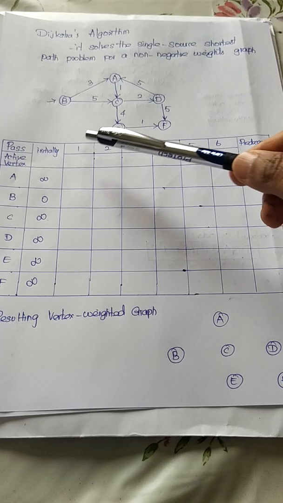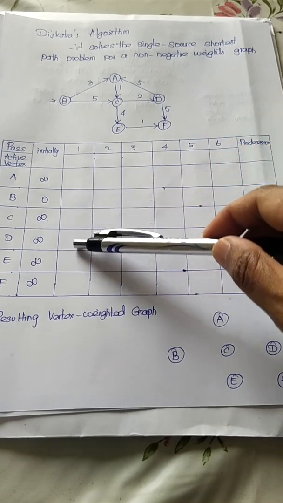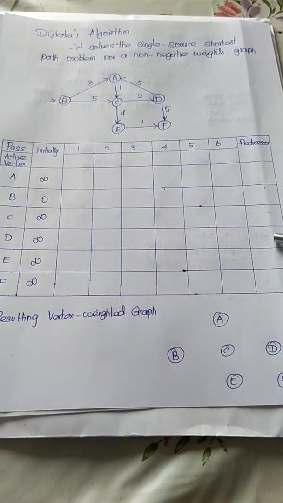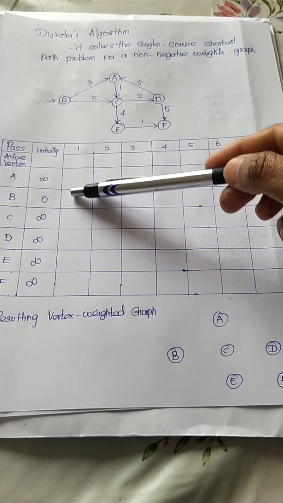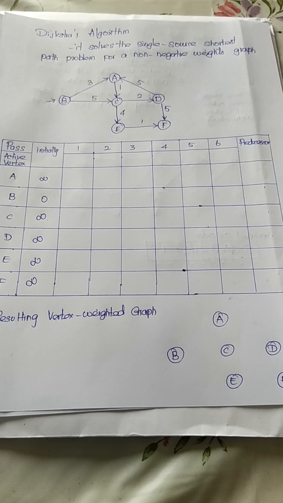Fine. Let's start the first iteration. For every iteration, we have to finalize the cost and the predecessor. So finalize the cost and predecessor of a vertex, say V, with the smallest cost possible, and that is not already finalized.